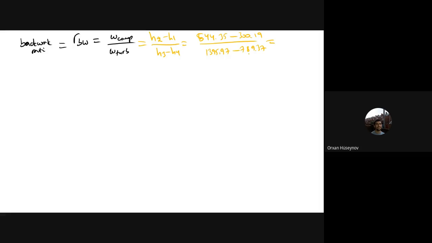That is the back work ratio here, and this ratio, if you calculate it, is 0.40, or 40%. What it means is that 40% of the turbine work is used to drive the compressor.